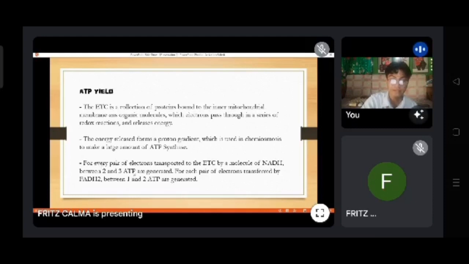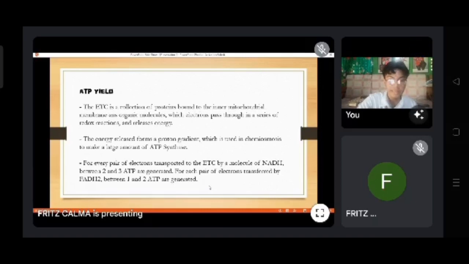For every pair of electrons transported to the electron transport chain by a molecule of NADH, between 2 and 3 ATP are generated. For each pair of electrons transferred by FADH2, between 1 and 2 ATP are generated.